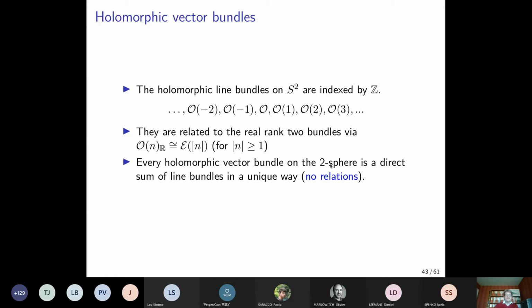Moreover, what's very nice is that every vector bundle on the two-sphere is a direct sum of line bundles in a unique way. So there are no strange relations like we had for the circle, where the Mobius strip plus the Mobius strip turned out to be trivial.